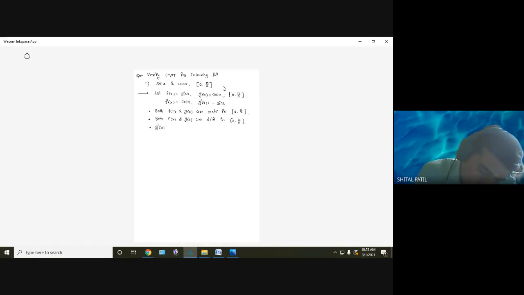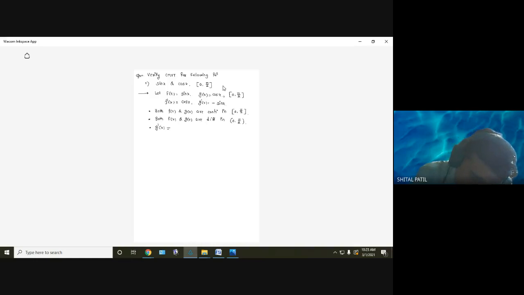g dash of x is not equal to 0 for any value of x in the open interval AB that we have written. Sin x becomes 0 for x equal to 0. But x equal to 0 is not included in the open interval. It is included in the closed interval, but not in the open interval.